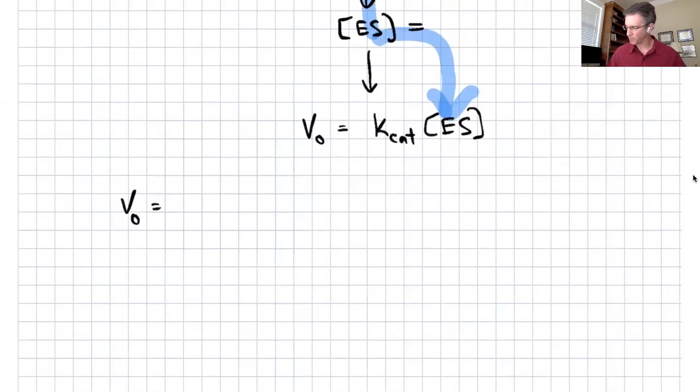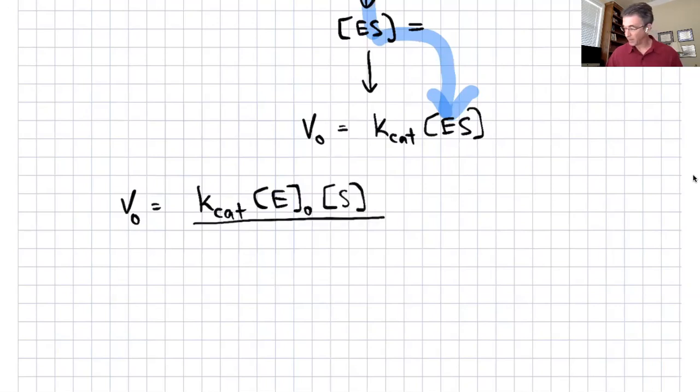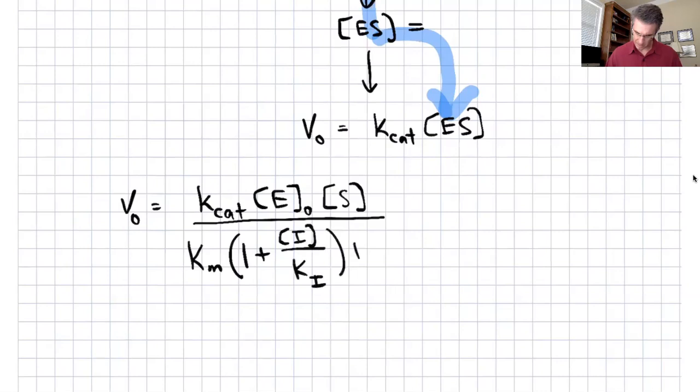You come back to this expression of Kcat times the total enzyme concentration times the substrate concentration divided by Km times 1 plus the inhibitor concentration divided by K sub I, plus the concentration of substrate.